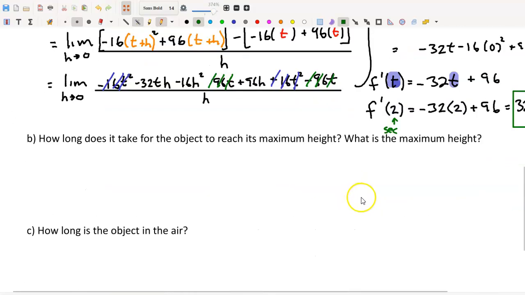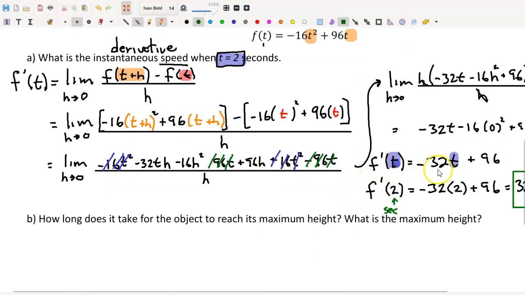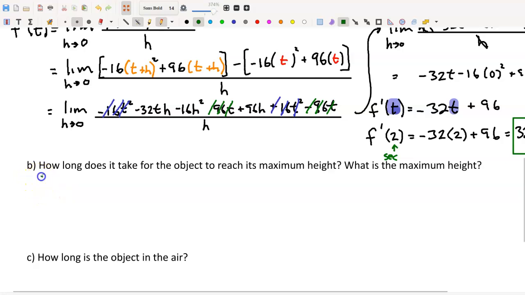So we just have to take our function right here, right? That tells us how fast things are going at certain times. And you want to know where this notation on the left says how fast it's actually traveling at that moment.